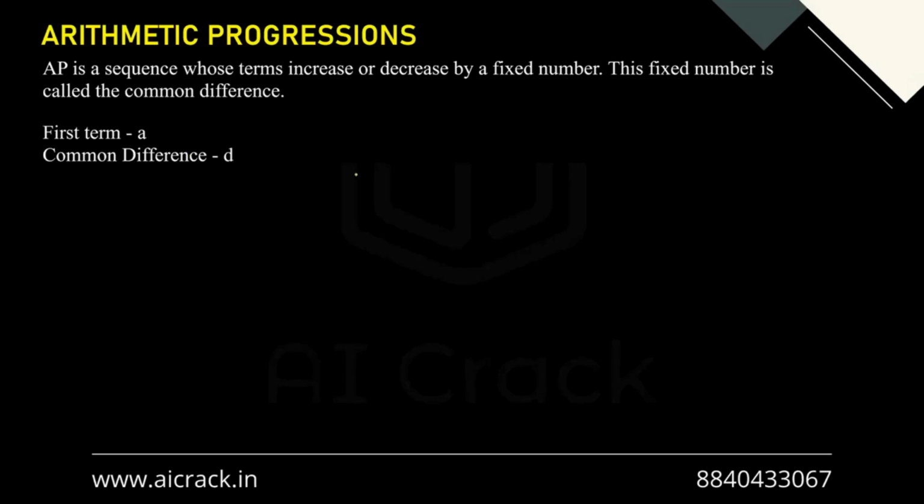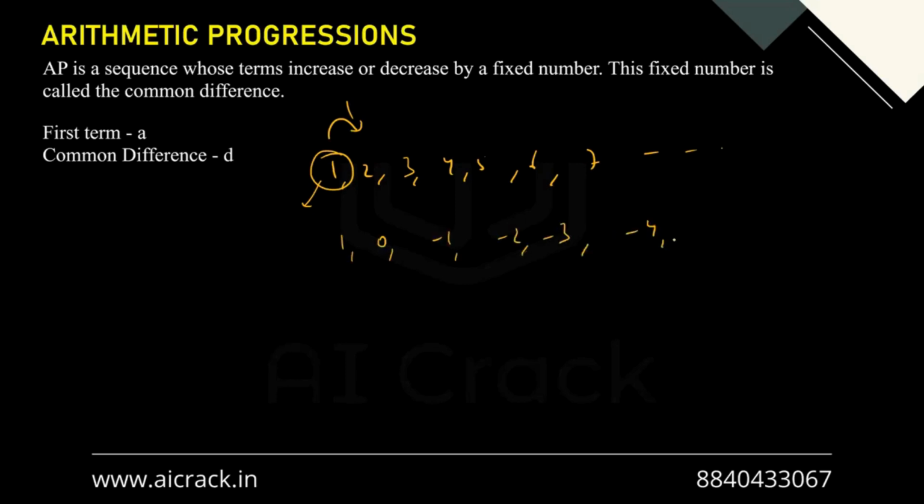Let's take a few examples. Let's say we have a common difference of 1. So 1, 2, 3, 4, 5, 6, 7 and so on, right? In this case the first term A is 1 and the common difference is also 1, and that is positive. The other case can be 1, 0, -1, -2, -3, -4 and so on.